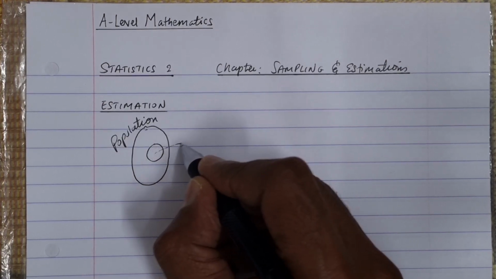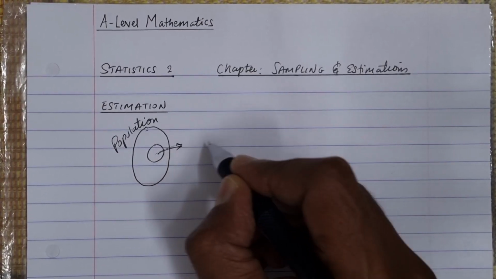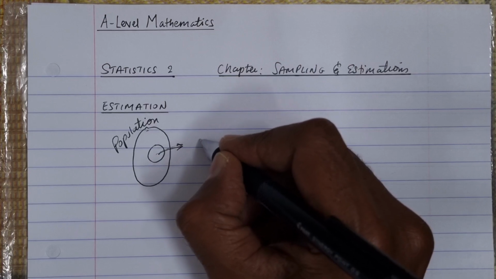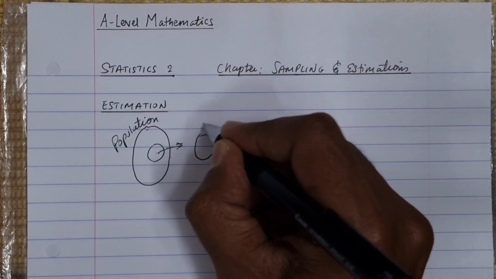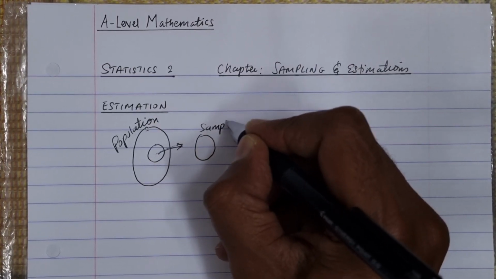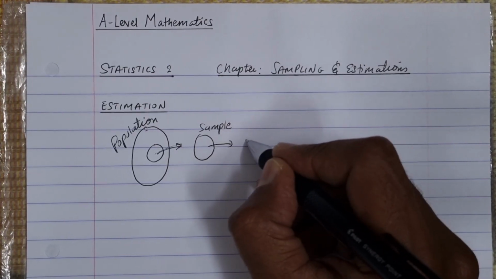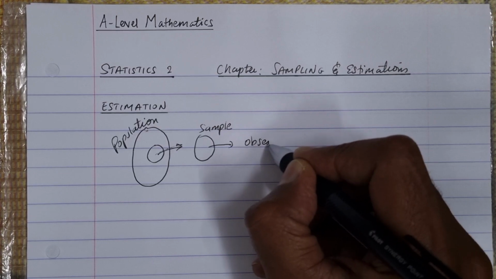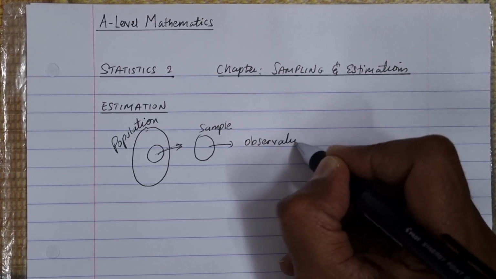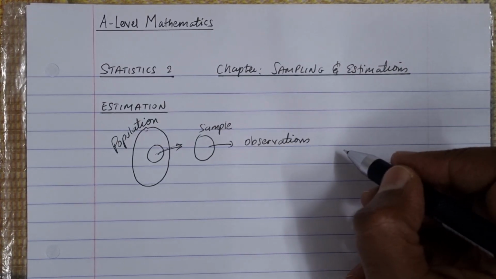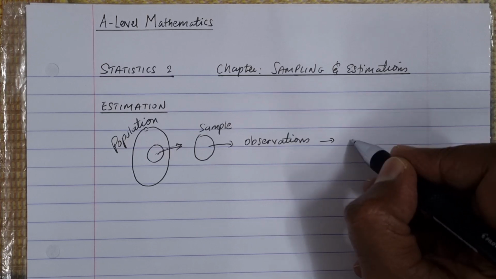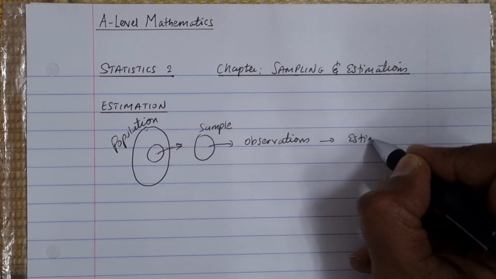So this is what we call a sample. And now here is our sample. And the sample is put under observations. So we study data, we observe them, and then we calculate estimates.